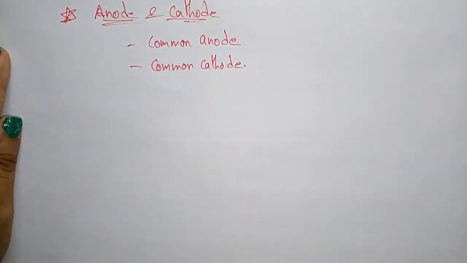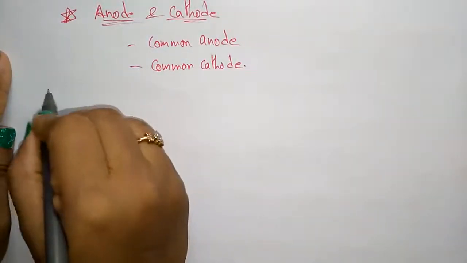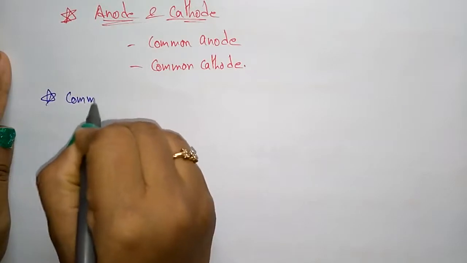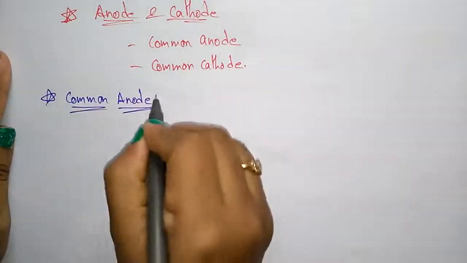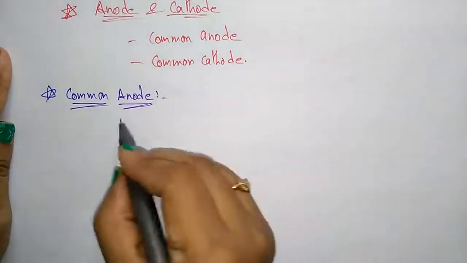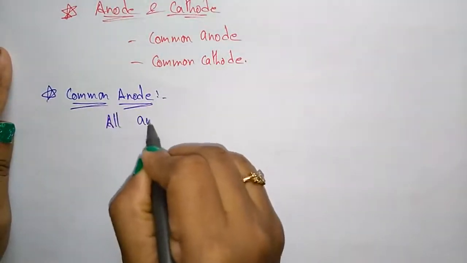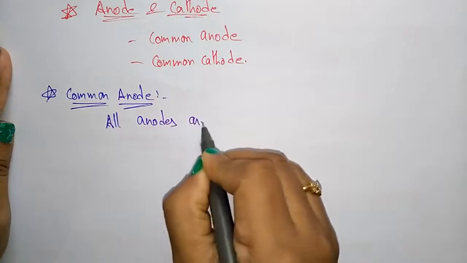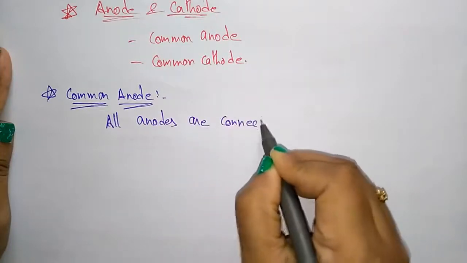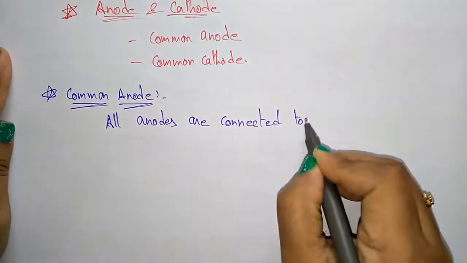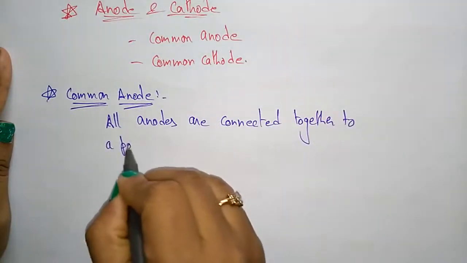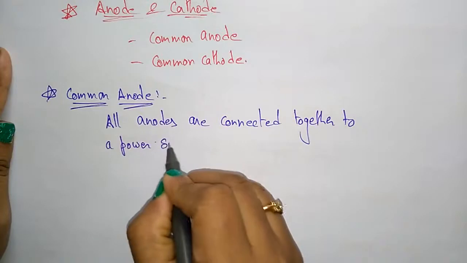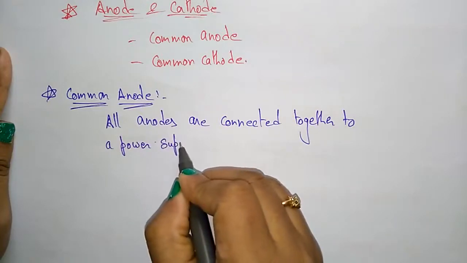So if we use a common anode, let us take, we have taken the common anode. In common anode, all anodes are connected together to a power supply. First, all anodes are connected together to a power supply.